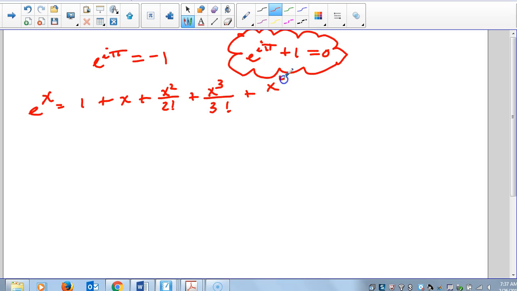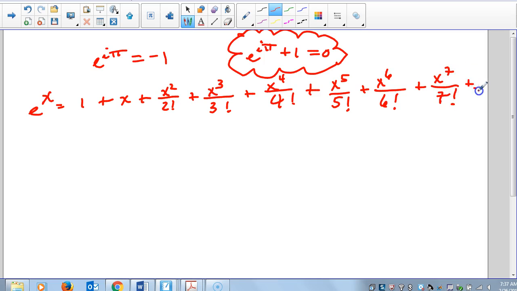But boredom is good in this case. x to the 5th. And I'm writing out enough terms because I know where we're going with this. You might not know. You might write the first 2 terms and then you won't see the pattern. And oftentimes math is about patterns. You look at a pattern and you say, oh, holy cow. x to the 7th over 7 factorial. Maybe I'll stop there. I'm kind of out of room.